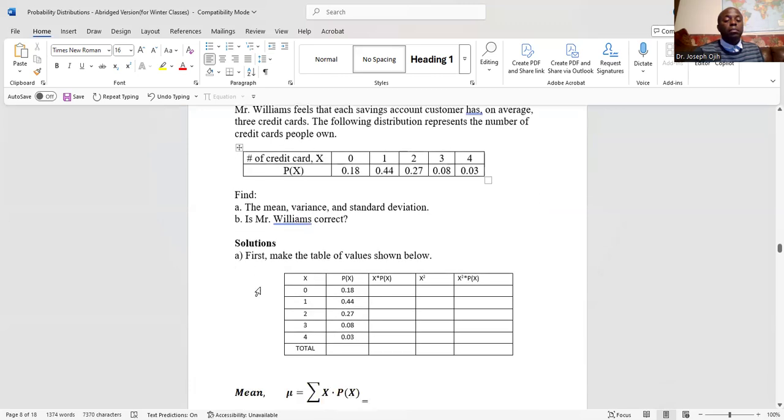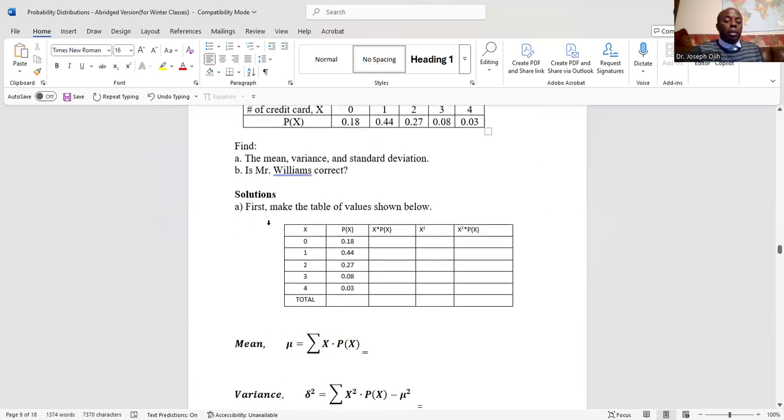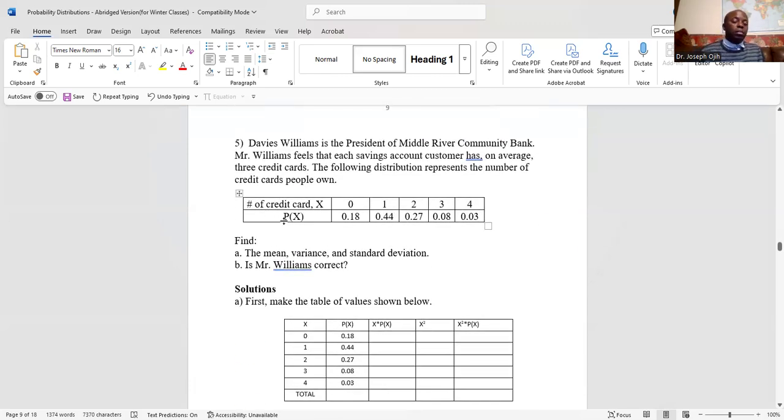We have Davis Williams, who is the president of the Middle River Community Bank. Mr. Williams feels that each savings account customer has on average 3 credit cards. That was his claim.